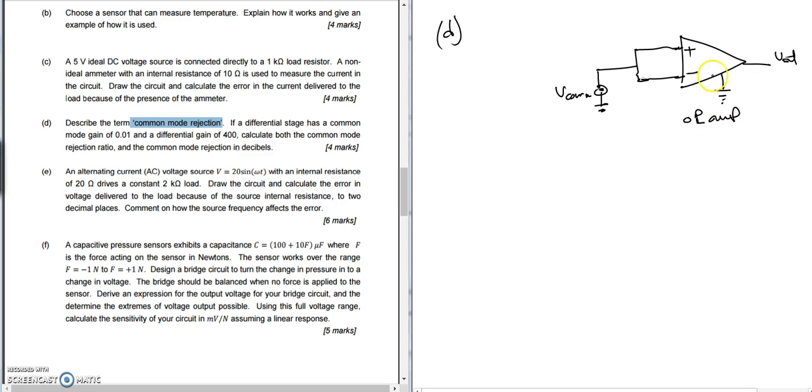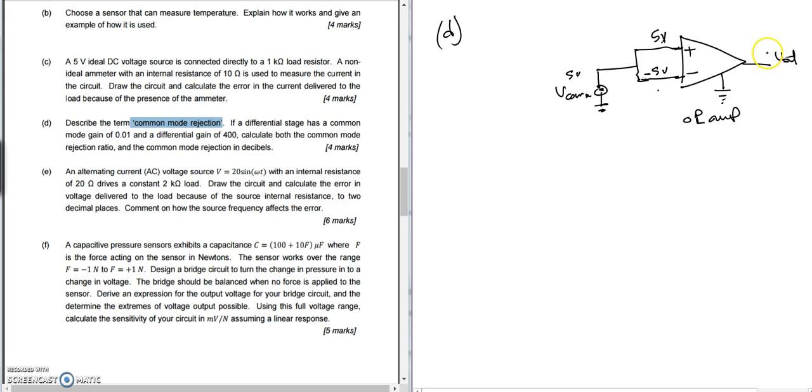Supposedly, if we don't have any signal from positive or negative terminals, we only have a common one. So assume that this is the noise. So the output should be the difference between this and this. In that case, if this is 5 volts, this would be split in half, so we split between both of them. So this will be 5 volts and this is 5 volts as well. But this is in the negative terminal, so it's going to be minus 5 volts.